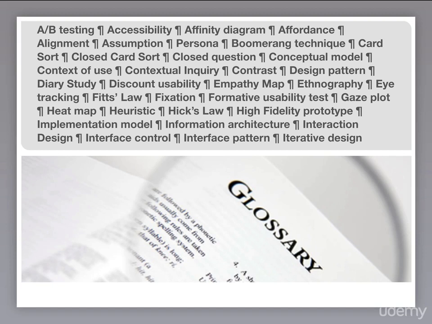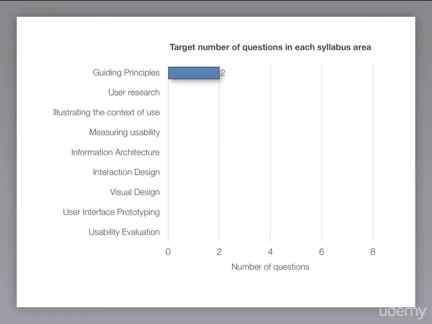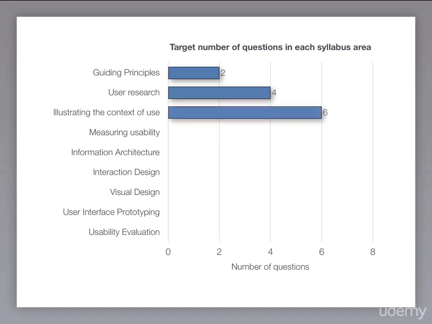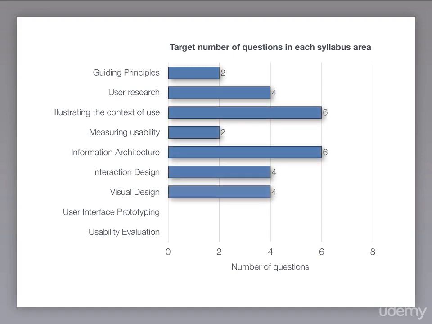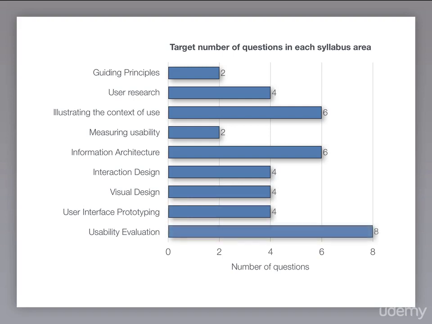Now, the other thing I wanted to point out as well is the areas where the questions are most likely to be asked. So this graph shows you the 9 syllabus areas that we've discussed, and you can see here that some areas have more questions than others.